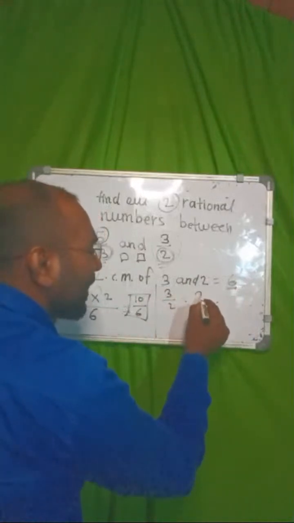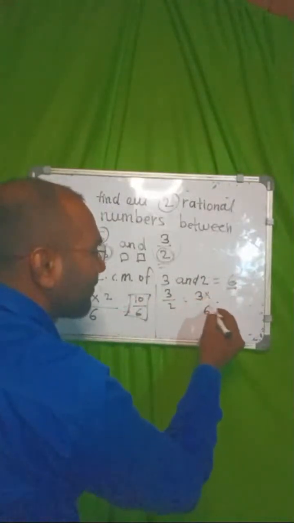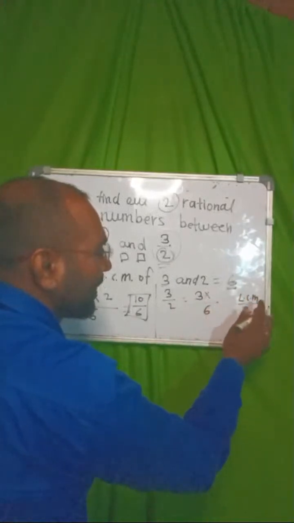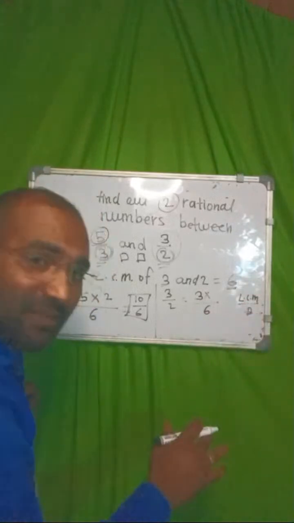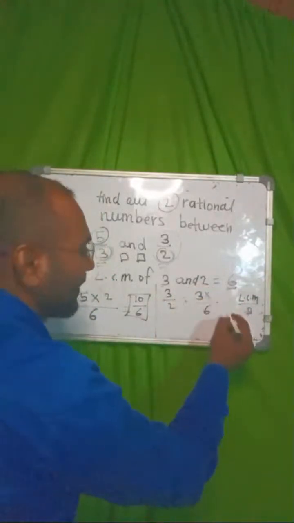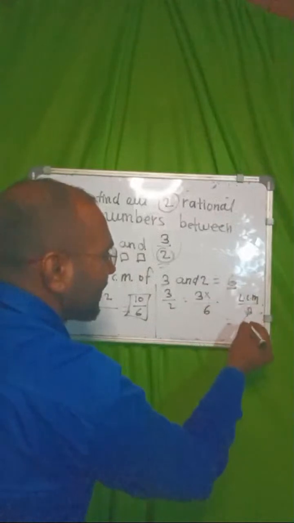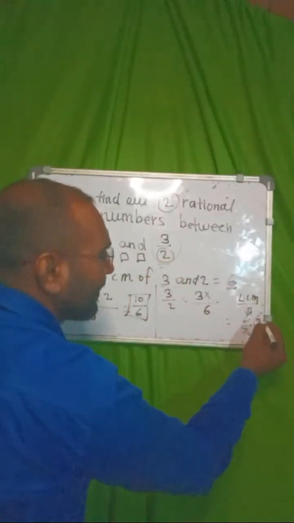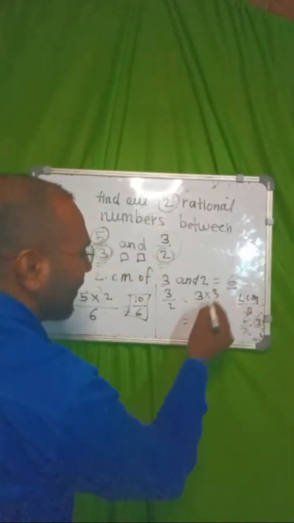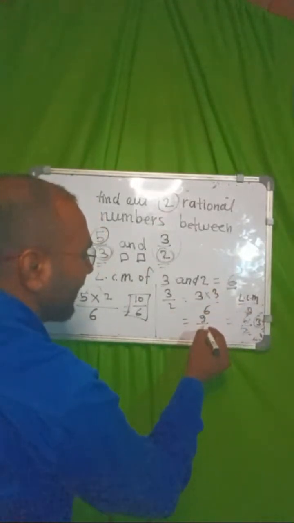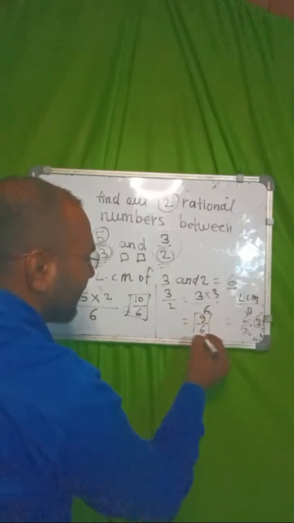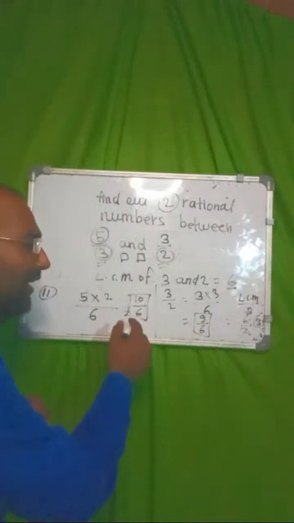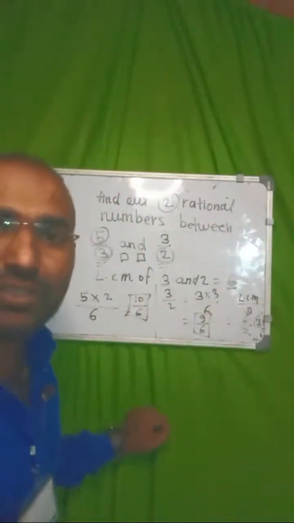Then we write the numerator, then the multiply sign. LCM 6 divided by denominator 2 gives 3, so write 3 here. Now 3 threes are 9 divided by 6. This much is clear, guys? This is how we got 10 divided by 6 and 9 divided by 6.